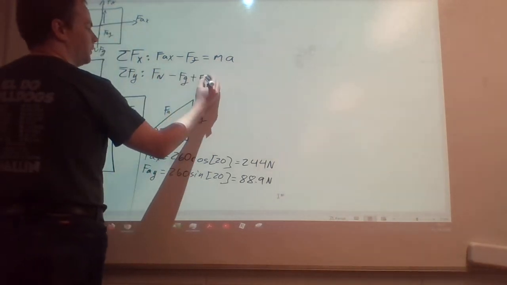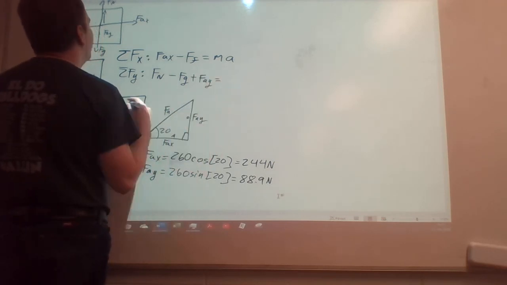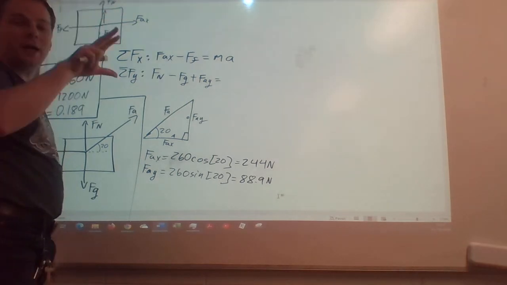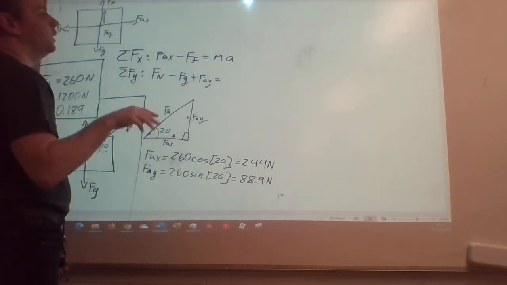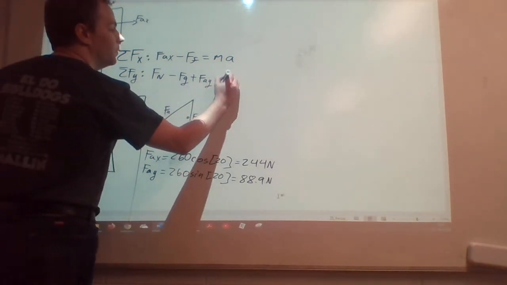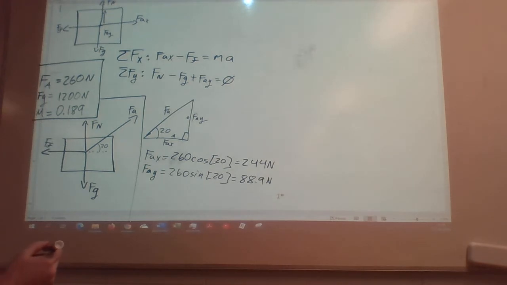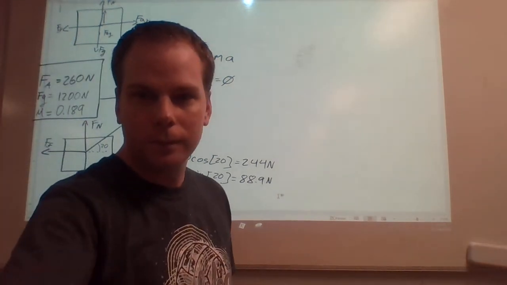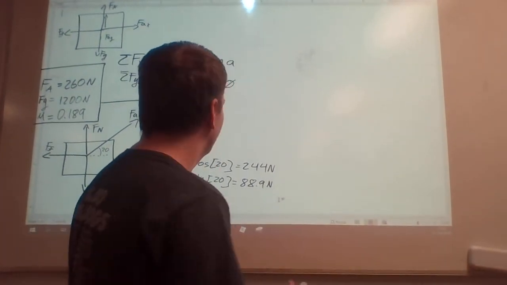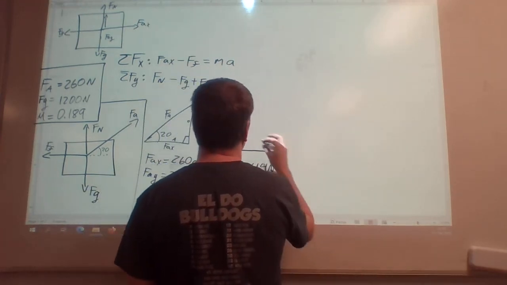So plus the vertical component of the applied force. And now this crate is not traveling up at all. It's only traveling this way. So it's equal to 0 on the Y equation. So I'm going to separate this up a little bit.